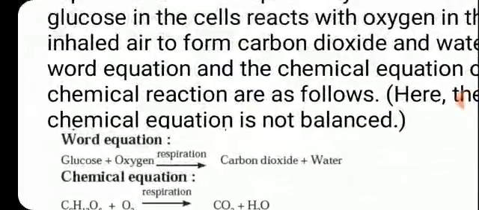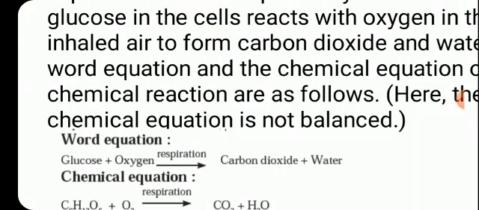Children, see here word equation has been framed. Glucose and oxygen, they are the reactants. Glucose in the cells reacts with oxygen in the inhaled air. Oxygen in the inhaled air reacts with glucose which is present in the cells, and carbon dioxide and water are formed as products.